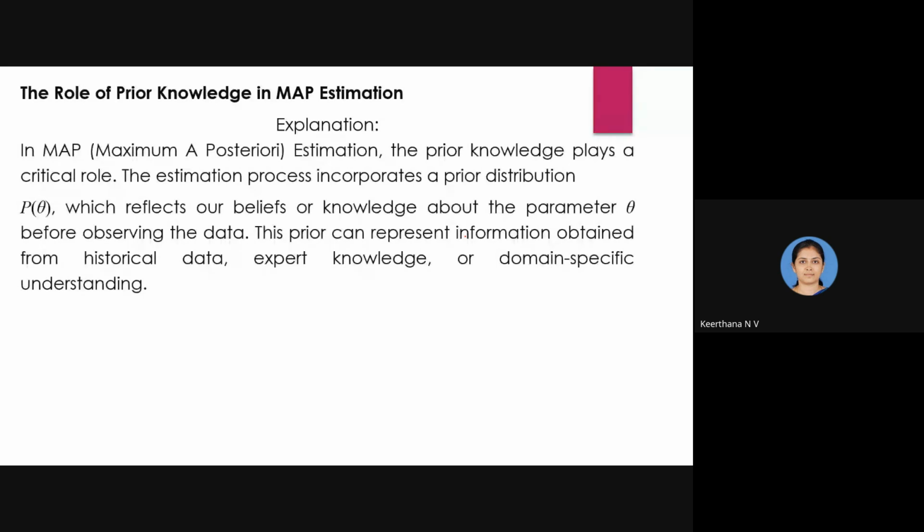So it will be reflected in our knowledge about the parameters before observing the data, and this prior can represent the information obtained from the historical data, that is, past working of your data sets, represented as prior knowledge here. In order to understand domain specific easily, you go for a MAP estimation.